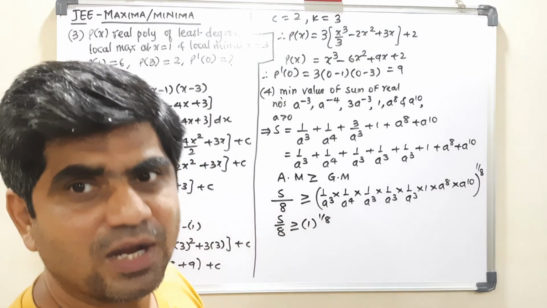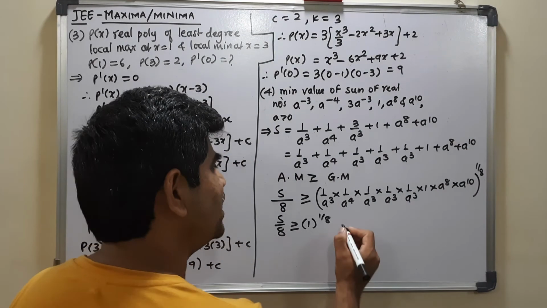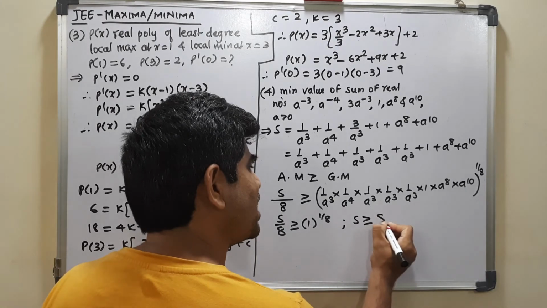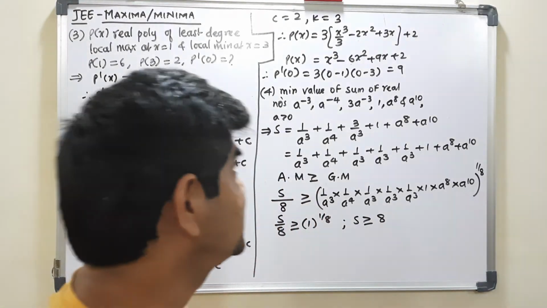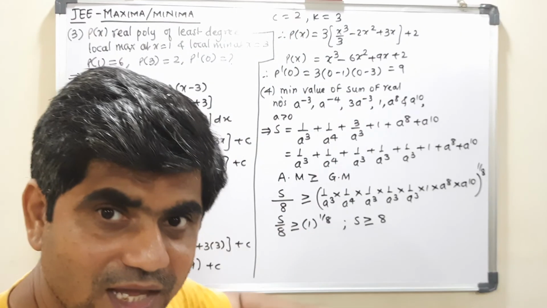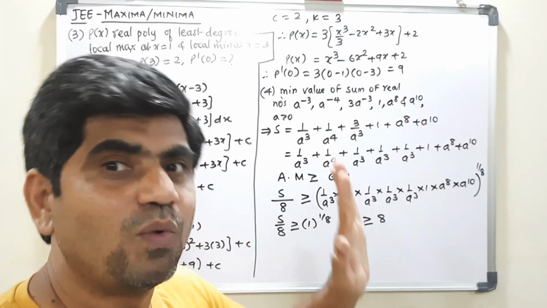This is the best part of the question. 1 raised to 1 by 8, there is no problem, it will become 1. So here you get S is always greater than or equal to 8. That means sum of these particular real numbers which are mentioned over here is always going to be greater than or equal to 8.